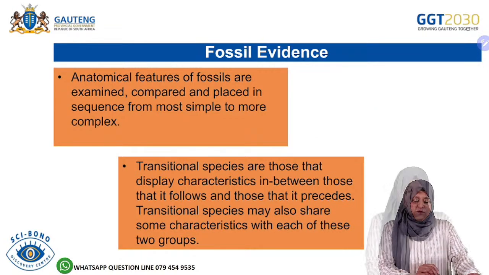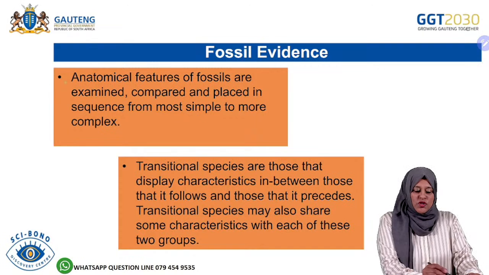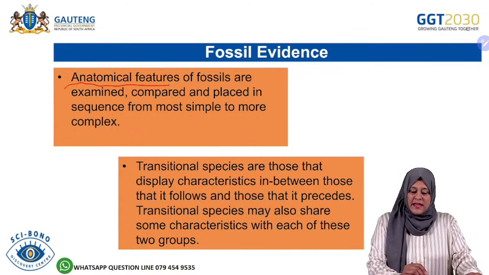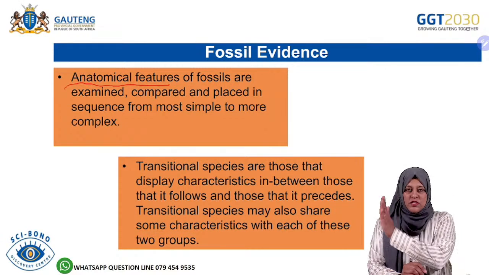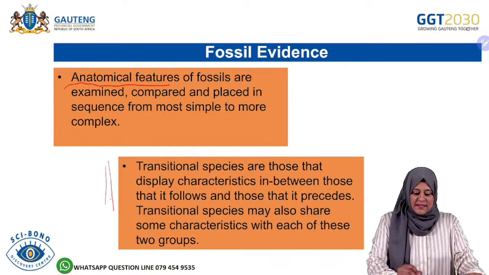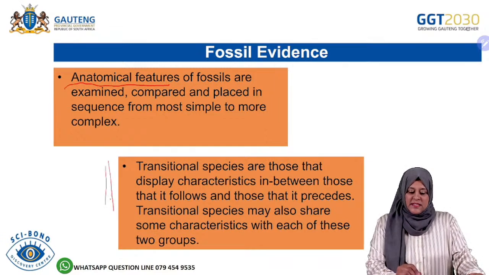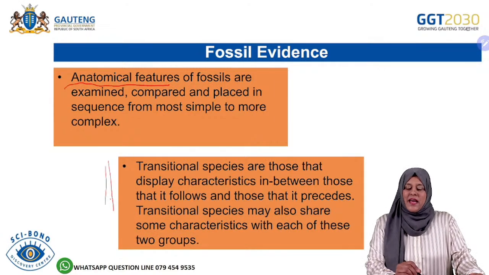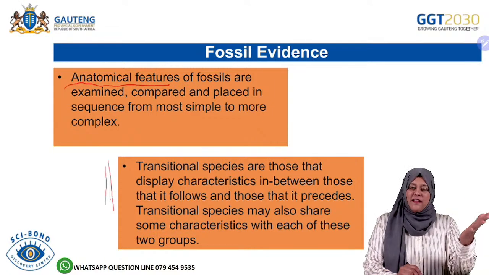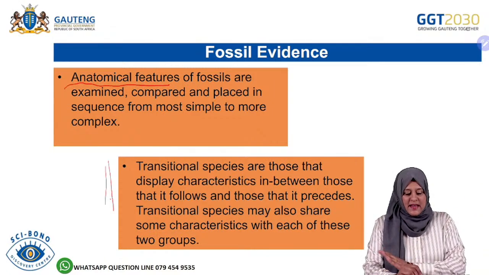Right, so I'm looking at the fossil evidence. Anatomical or structural features of fossils are examined, compared, and placed in a sequence from the most simple to the most complex. Then we're going to look at the transitional species. Transitional species are those that display characteristics in between those that it follows and those that it precedes.